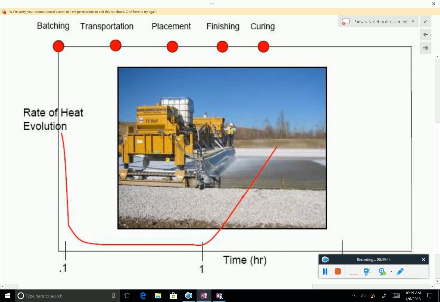I'm not sure how clear it is, but you have to let the material cure in a moist state to gain enough strength. You may have seen people splash water on newly placed concrete slabs. So this is to let it cure. We'll talk about this more later.